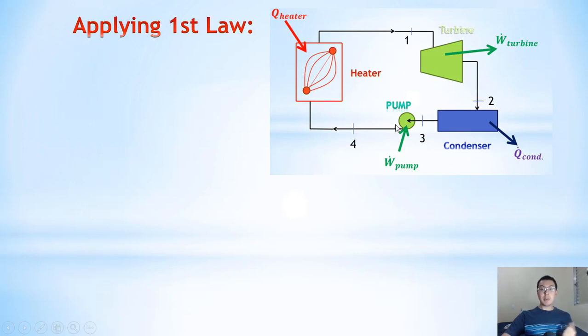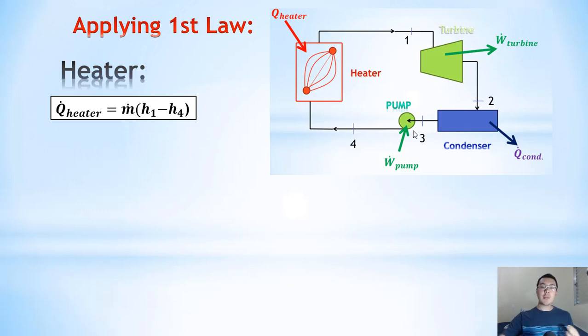Of course, the pump already showed a relation between the enthalpy at point 4 and point 3. But now we will apply it to the heater. In the heater we won't have any work or power. The only energy interaction here will be this heat, the heat input at the heater.